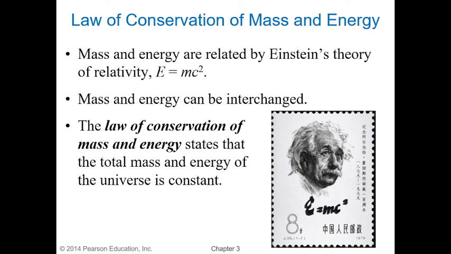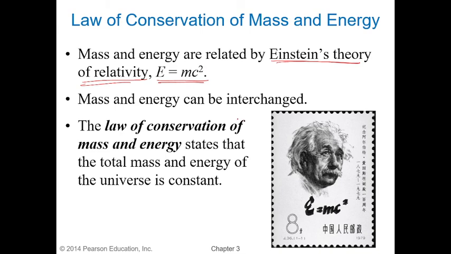And people relate mass and energy with this famous formula, E = mc squared. So he said, energy is equal to matter times the speed of light squared. So that is according to the theory of relativity. So according to Einstein, your mass and energy can be interchanged.